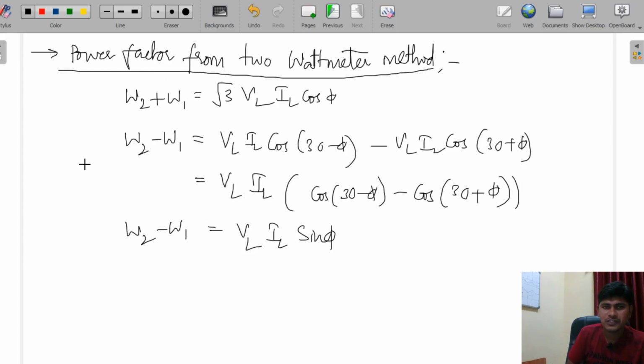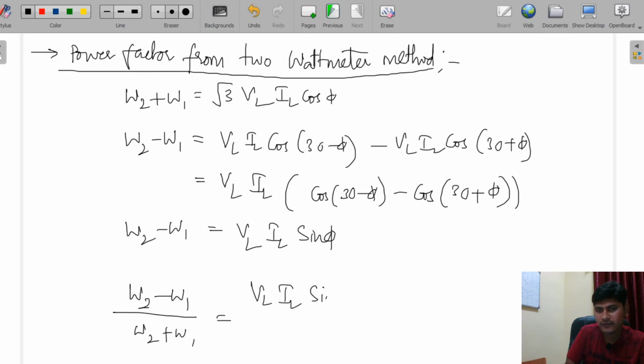Now what is the ratio of these two? The ratio W2 minus W1 by W2 plus W1 will be equal to VLIL sin phi by root 3 VLIL cos phi, which is equal to tan phi by root 3.